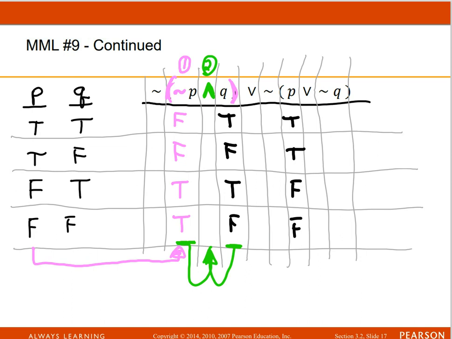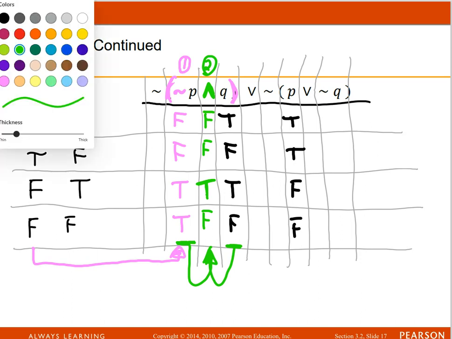Remember, on an and, the only time you get a true is when they're both true. In that column, those are the only two that are true. So the rest of these are false. That takes care of that set of parentheses.